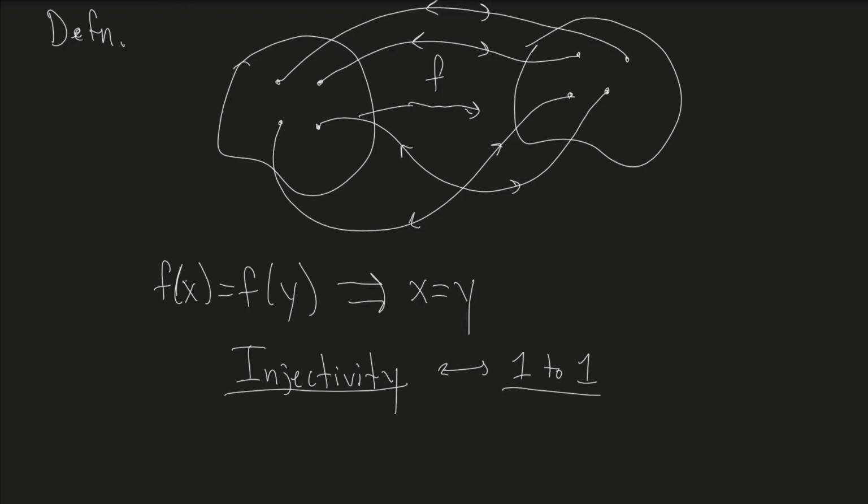And our other idea, which was when the function was onto, when it mapped to the entirety of the range. So another way of saying that is that the image of the function f is equal to the range, right? So the image is the set of the values of f. If it's equal to the range, that means that every element of the range is a value of the function. Okay, this is called surjectivity.